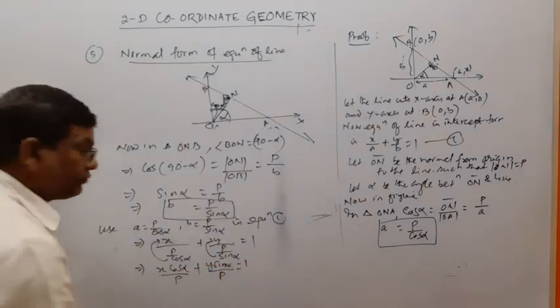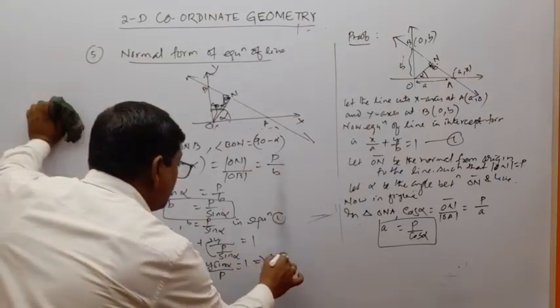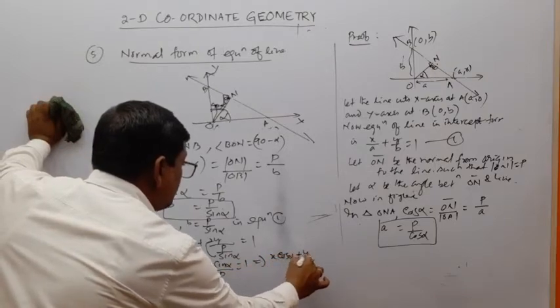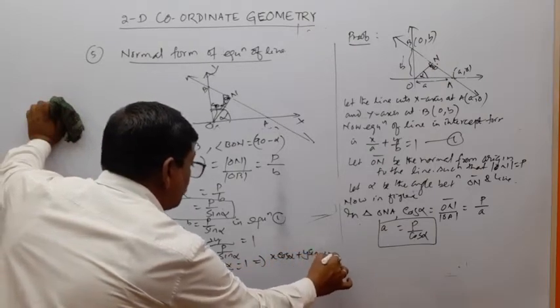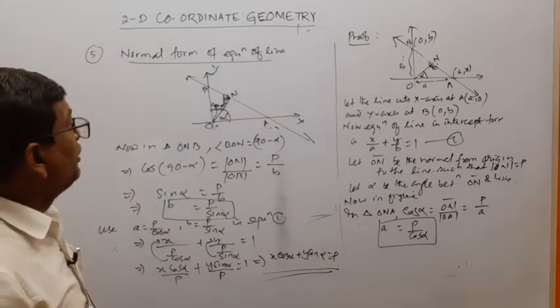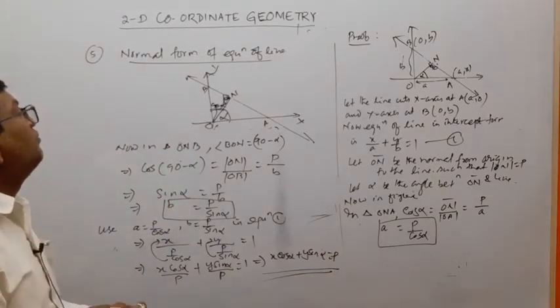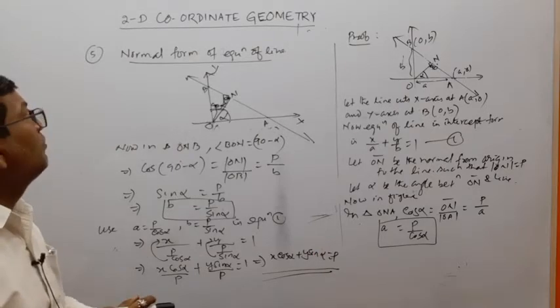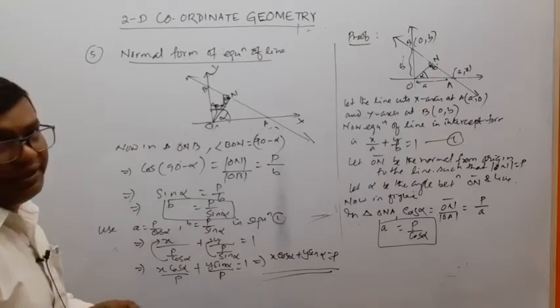That implies x cos alpha plus y sin alpha is equal to P. This is the proof of the equation of line in normal form. Clear?